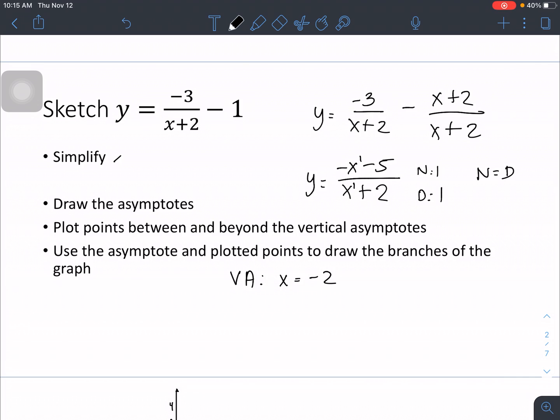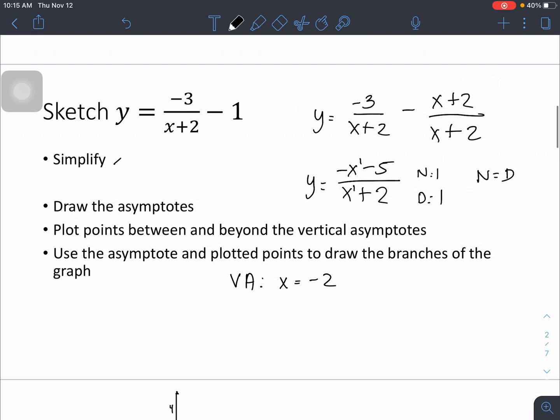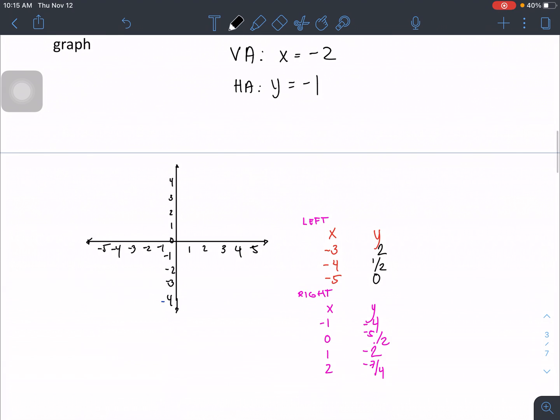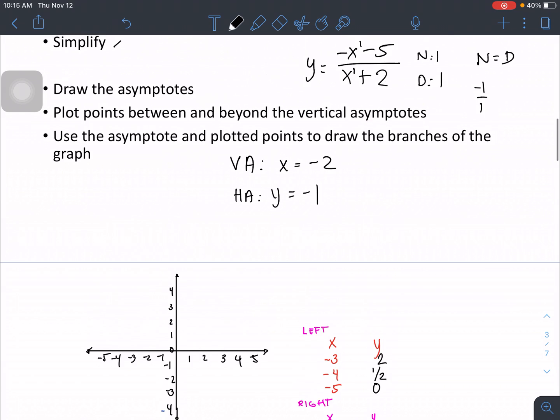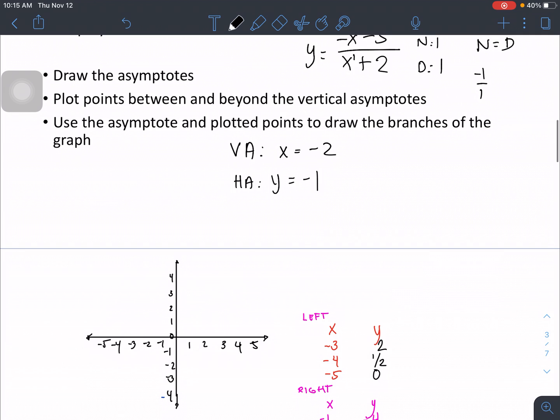So we need to divide the numerical coefficients of the respective highest degree variable. So this will be negative 1 over 1. So the horizontal asymptote will lie at negative 1.